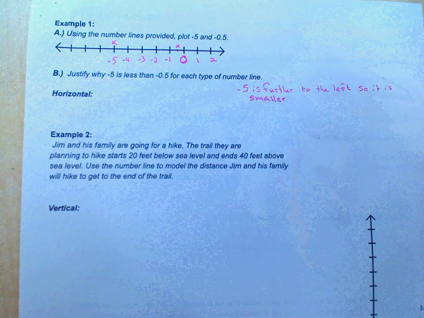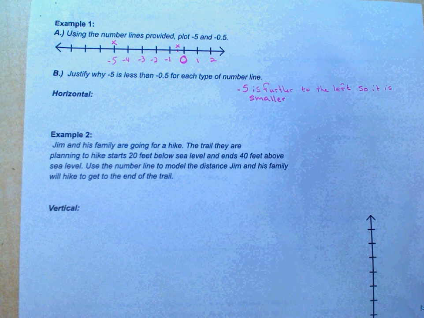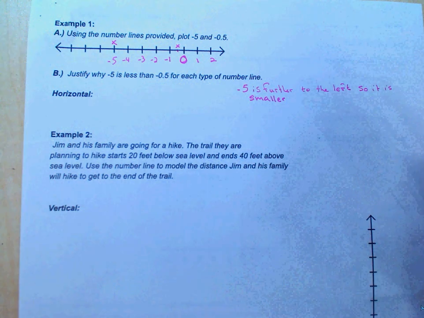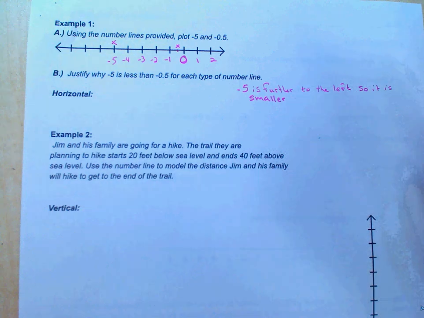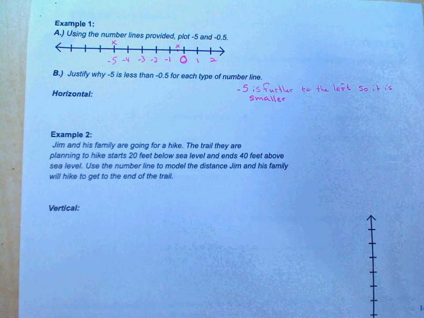Okay? So if you owe your parents 50 cents, that's owing them a lot less than owing them $5. So when you're looking at that, that's why negative 5 is smaller than negative 5/10.